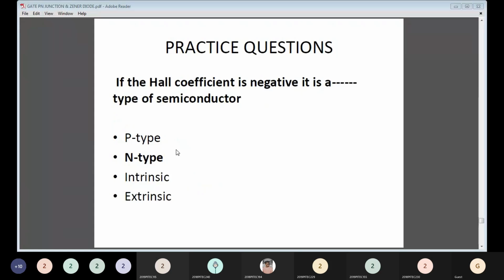If the Hall coefficient is negative, it is which type of semiconductor? The options are P type, N type, intrinsic, extrinsic. So if the Hall coefficient is negative, it is an N type semiconductor.